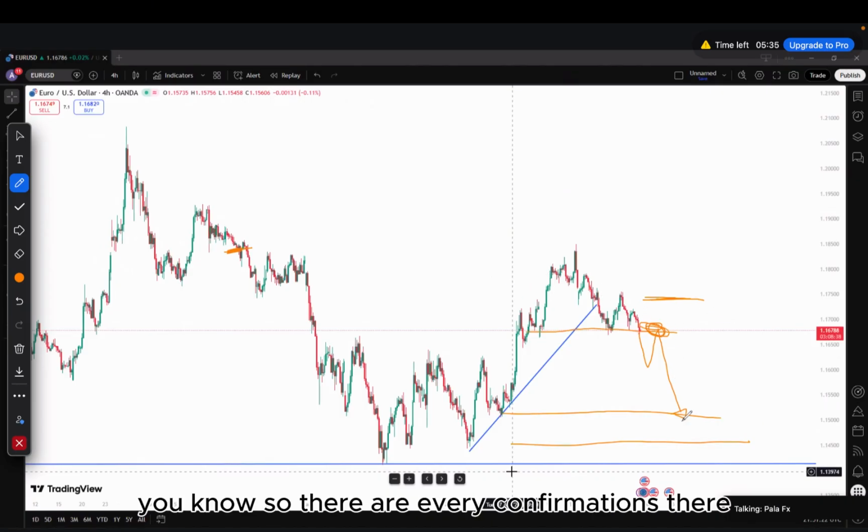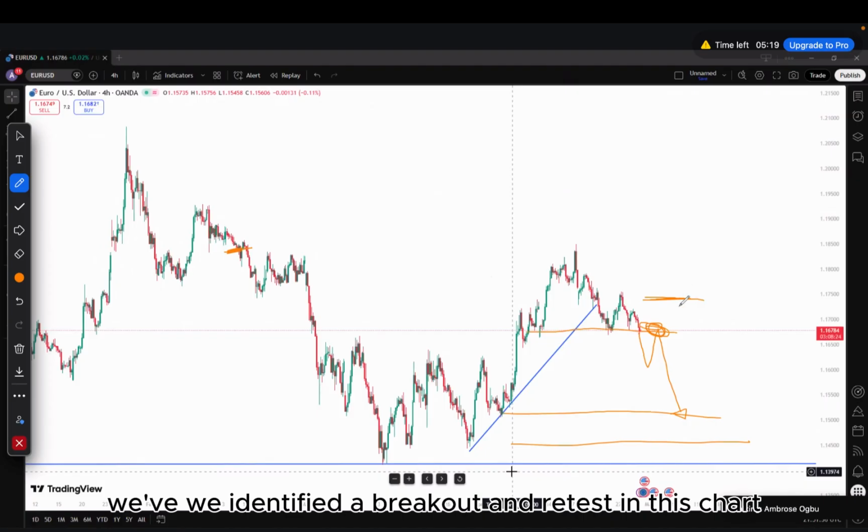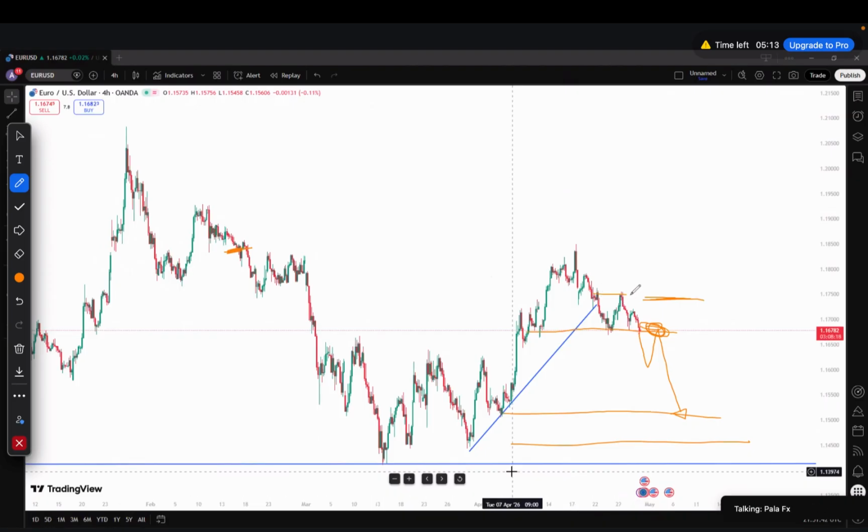So there are so many confirmations in this chart now. You have a question? No. Okay. First of all, we identified a breakout and retest in this chart, which means anytime you see a breakout and retest, just know that the trend is about to change. The direction of the market is about to change.